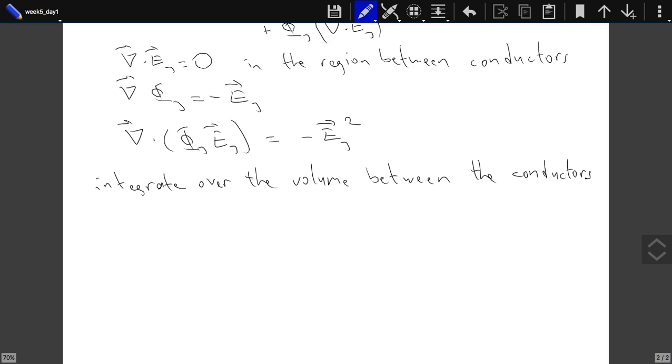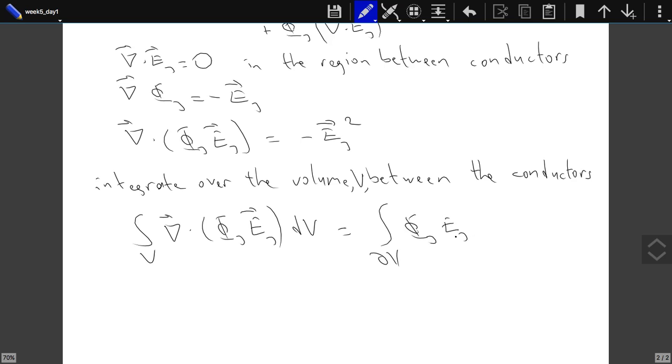Let's name that volume V. On one hand, we know that the integral of the divergence of phi3 times E3 dV over all the volume, well, we can use the divergence theorem. The divergence of a vector field integrated over a volume gives me a surface integral. This is the integral over the surface of phi3 times E3.